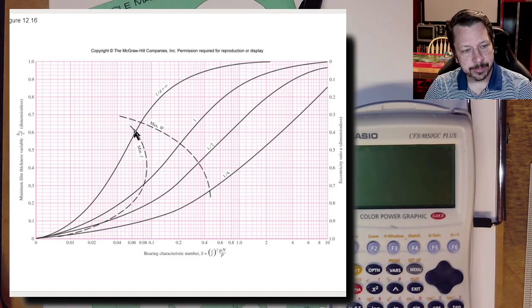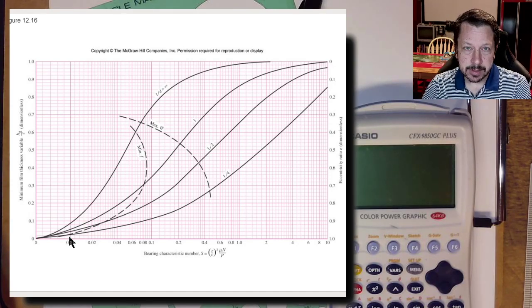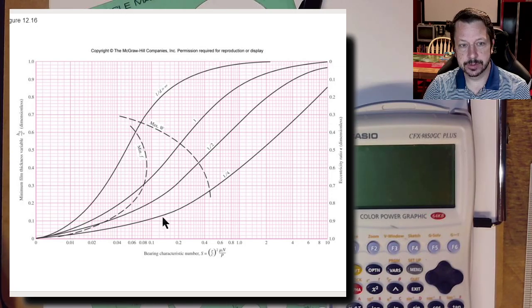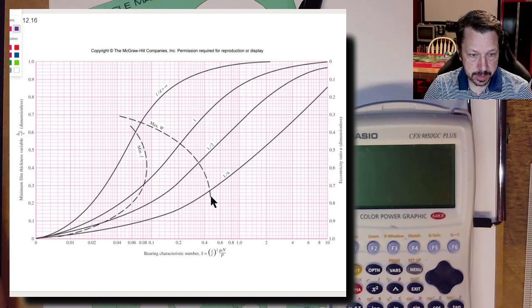There's this other dotted line over here, and where it intersects way over here somewhere, that's going to be the situation that creates the minimum friction in the fluid between the journal and bushing. What we want to do is figure out a clearance that creates a situation somewhere in between those, in the middle. So how we're going to do that is we're going to get the Sommerfeld number from here, off the chart.